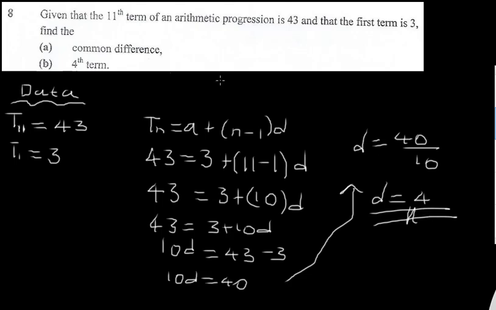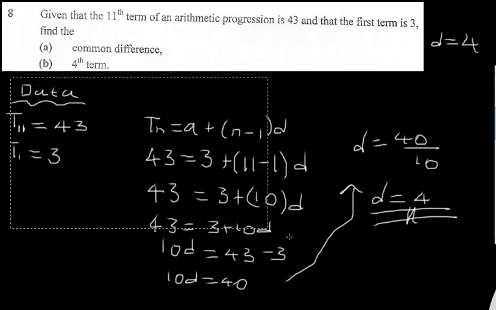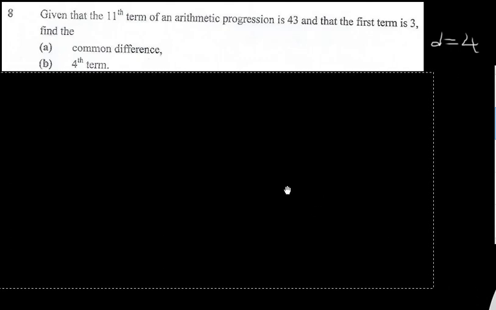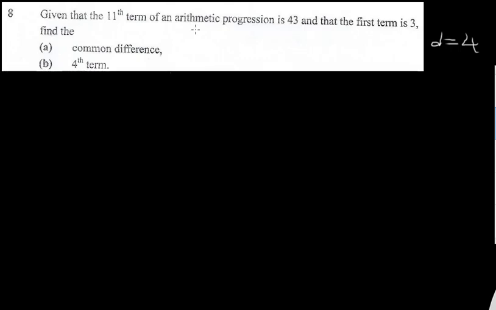So the common difference that we found is therefore equal to, so let's write it there, our common difference is 4. And we can move on to the next part, the second part of the question. The second part of the question is asking us to find the fourth term.